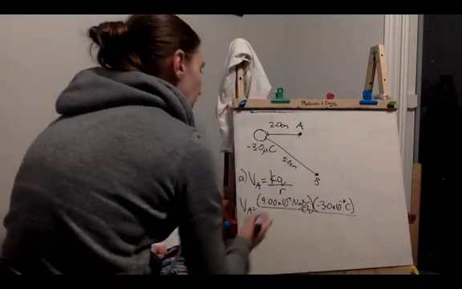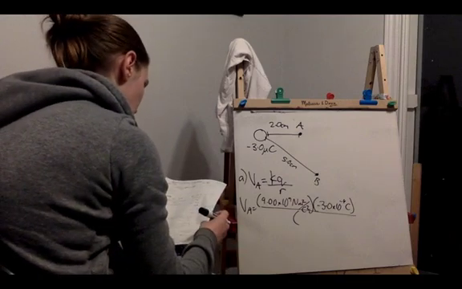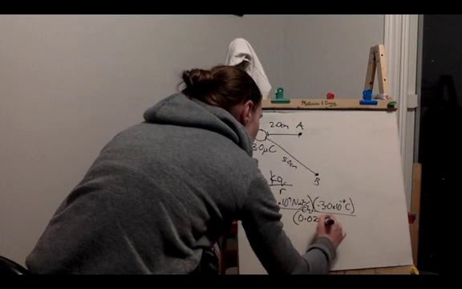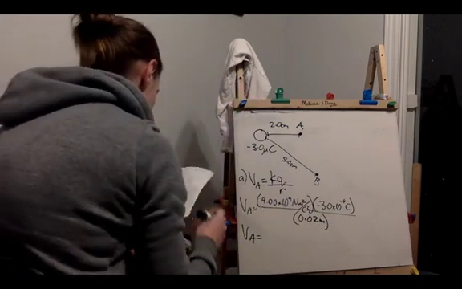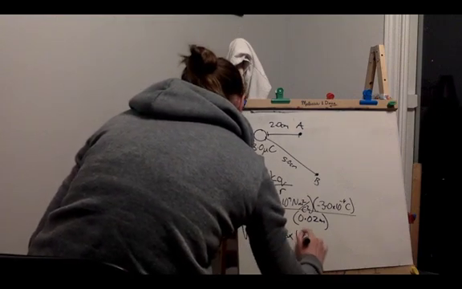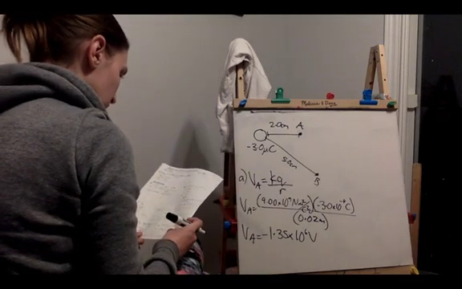And we're dividing it by our distance, so we have to convert 5 centimeters into, oh, sorry, this was 2 centimeters, so 0.02 meters. And that gives us a value of -1.35 times 10 to the 6 volts, okay?